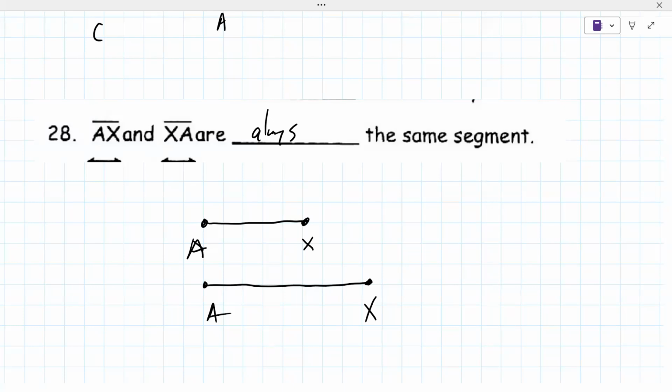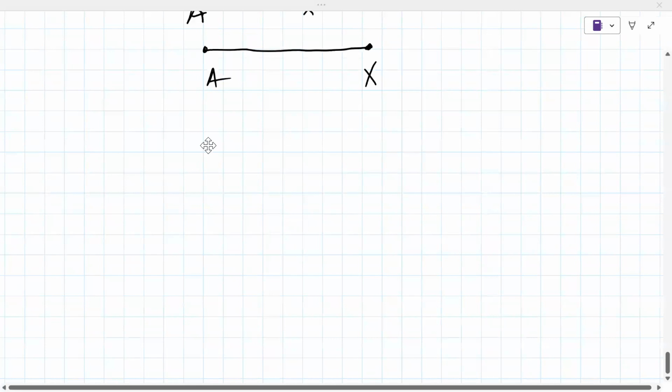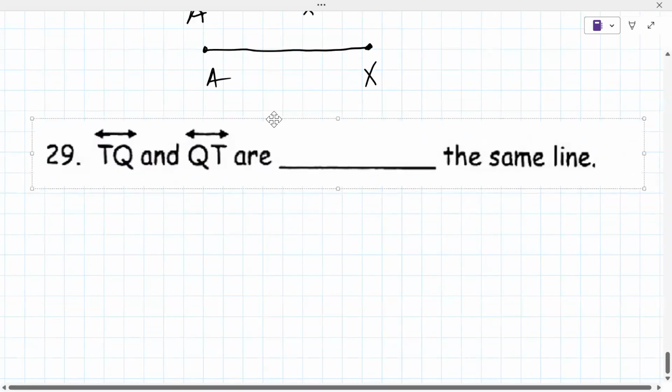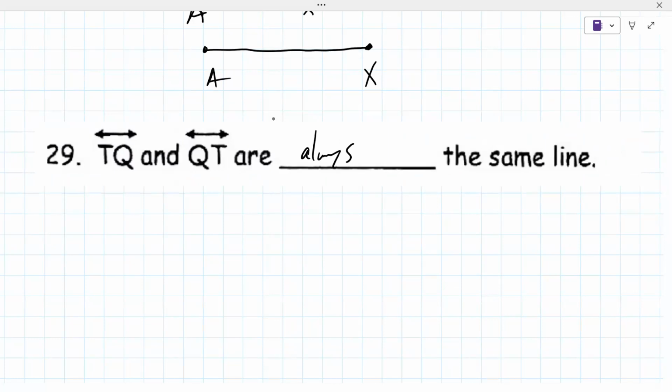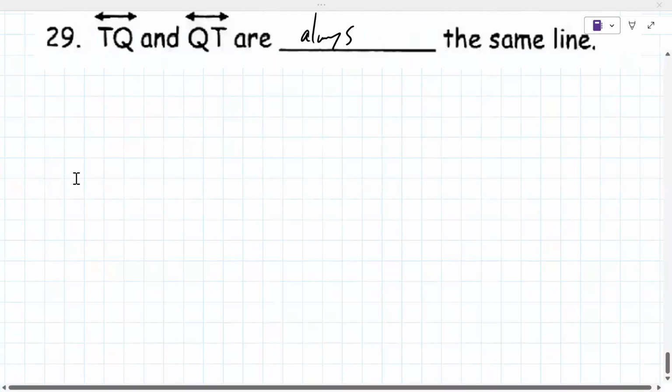All right. What do you think about the next one, 29? What does your intuition tell you now that we've done a couple of these? That it's always. Yes. Okay, very good. I talked about 30 at length. I said that for lines to be parallel, they have to be on the same plane.